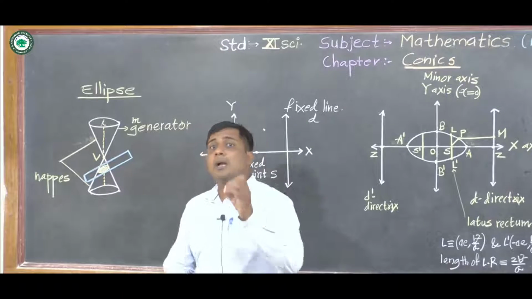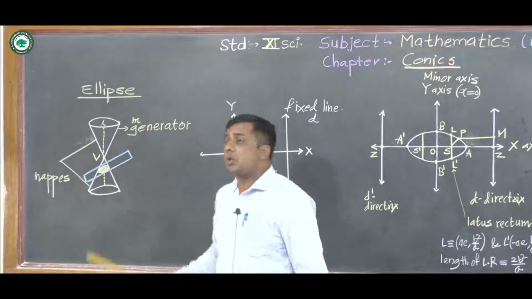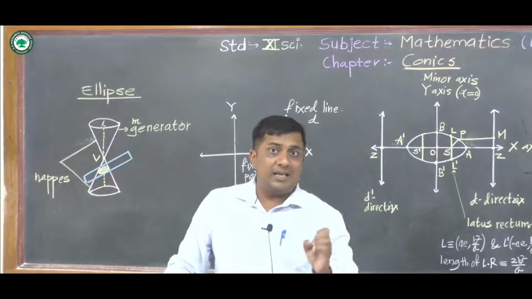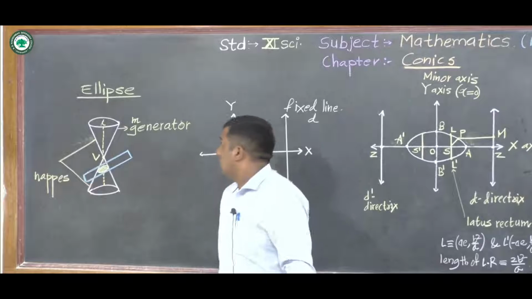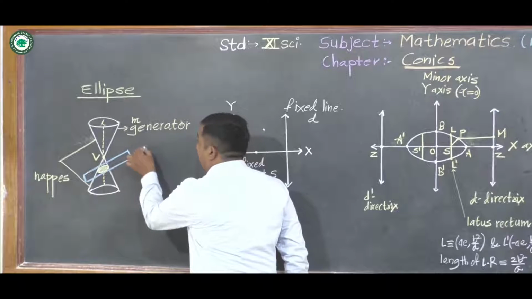Now we have to consider the intersection between this cone and the plane. This is our plane.